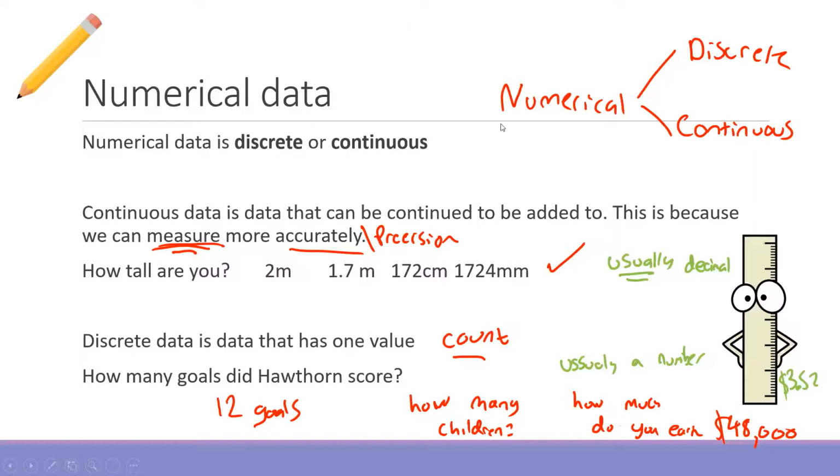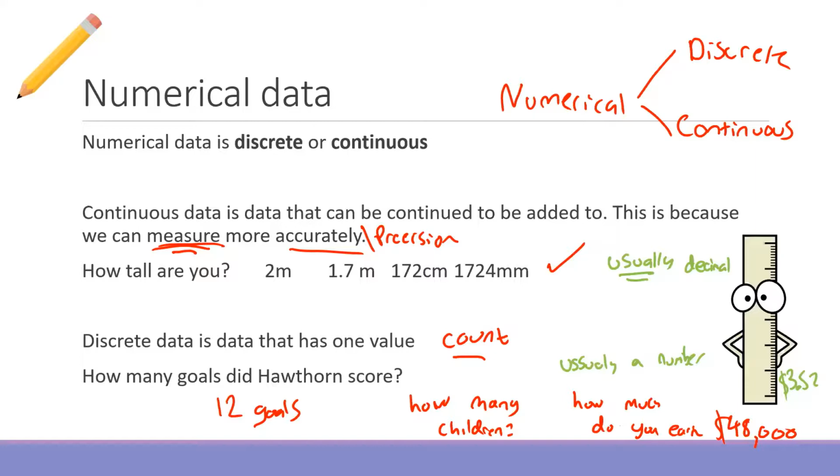So are there any questions about the difference between discrete and continuous? Again, the lesson here to understand, maybe it's just that the main difference is you measure continuous data, whereas discrete data is data that you count.